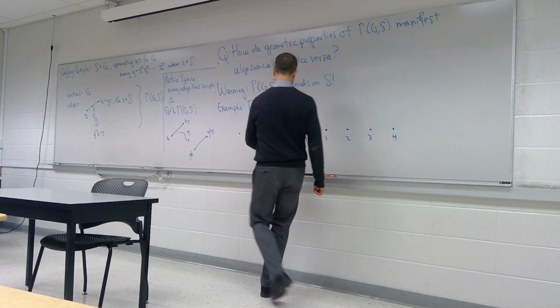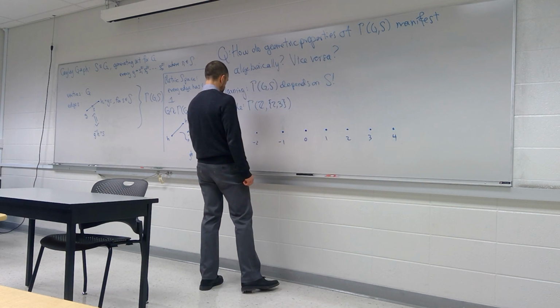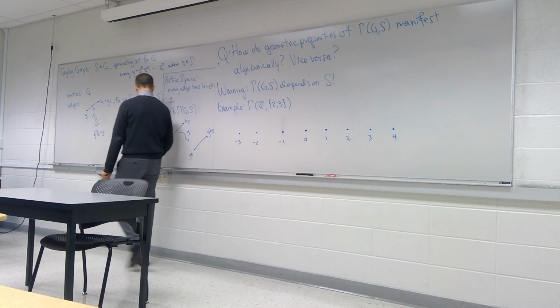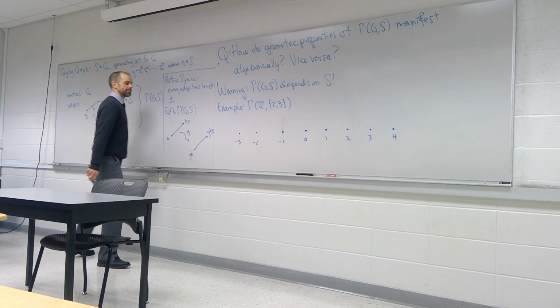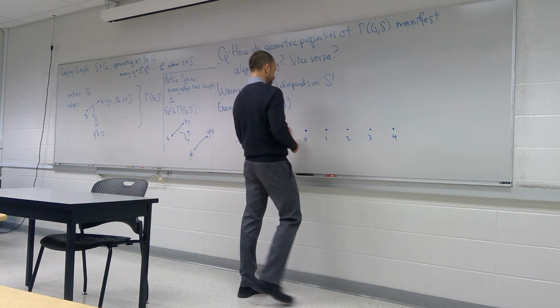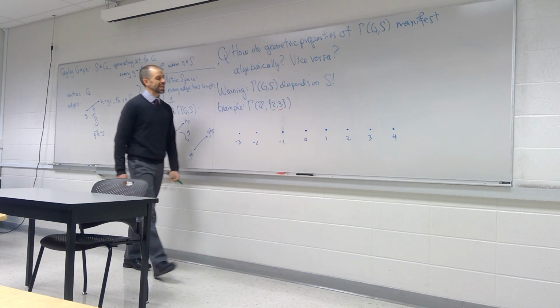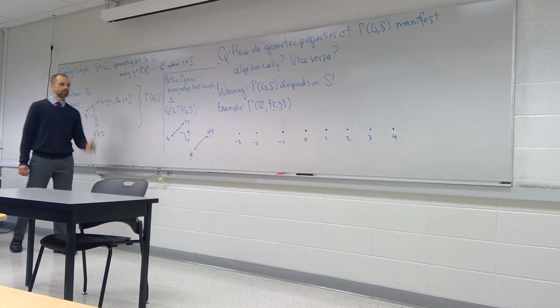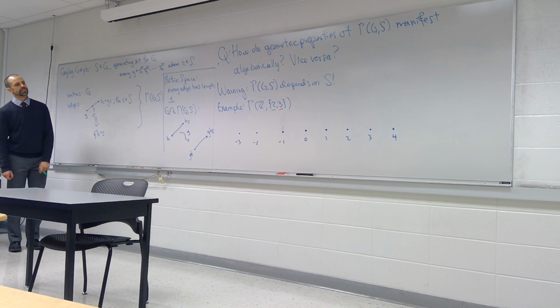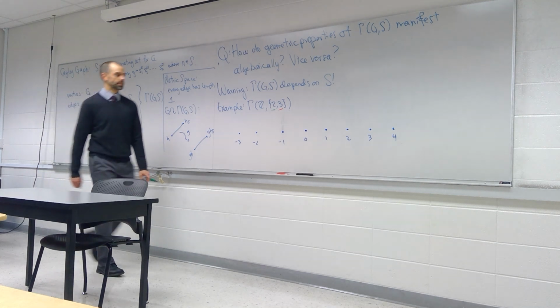Okay, let's use some colors again. So let's say 2 is blue, 3 is green, and the rule is that I connect them up if they differ by 2 with the green marker, and if they differ by 3, I connect them up with the red marker.